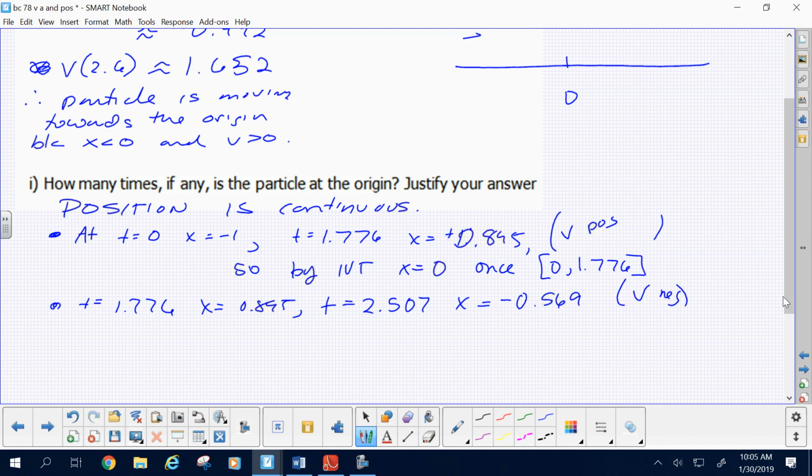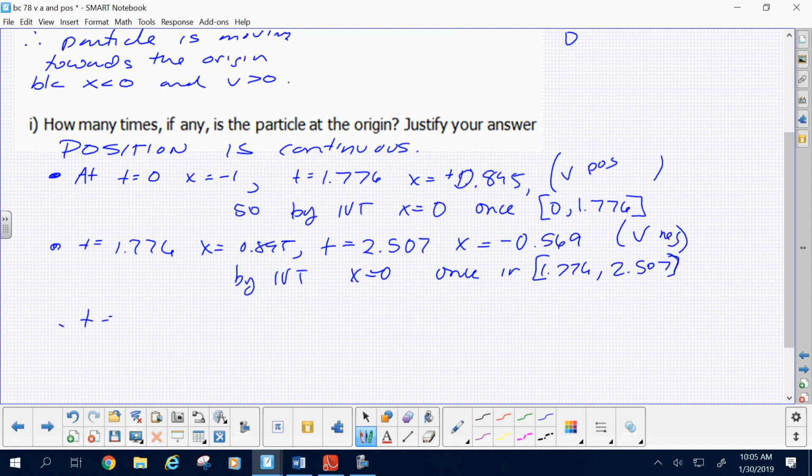Velocity is negative, so by IVT, I should say between these, x equals 0 once in that time interval, 1.776 to 2.507, and then one more time, and we're done.